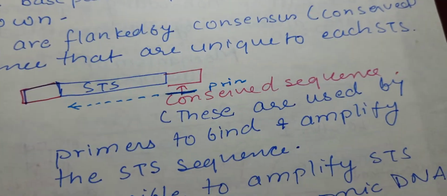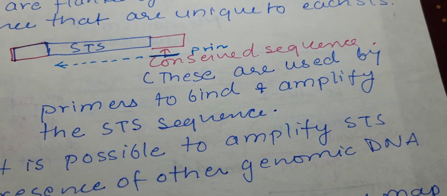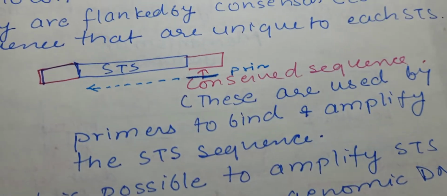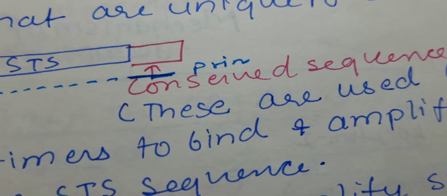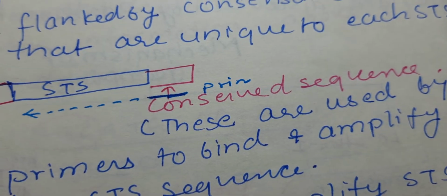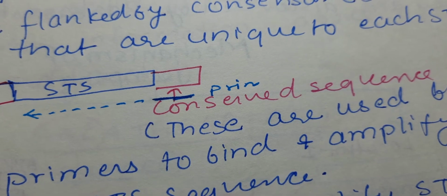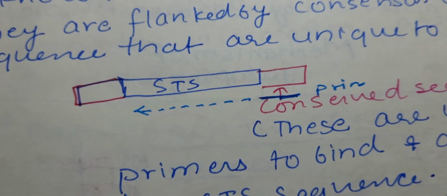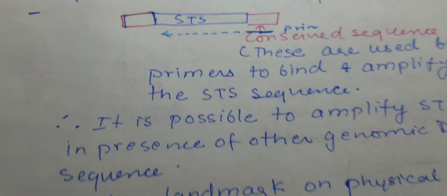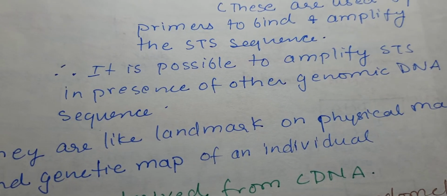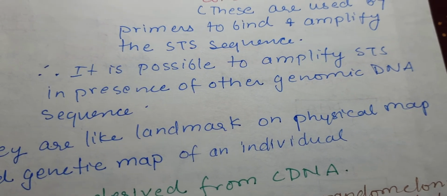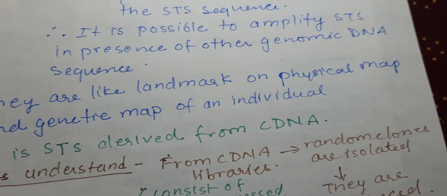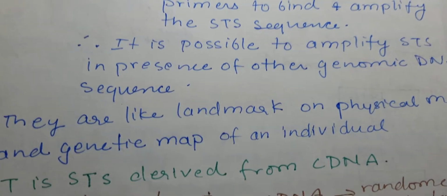Now how are they useful? These are used by primers to bind and amplify the STS sequence. Once we know the sequence of the primer, the primers are used against this region, and it can be amplified in the genome. Therefore it is possible to amplify an STS in the presence of other genomic DNA sequences, and they are like landmarks on the physical map and genetic map of the individual.